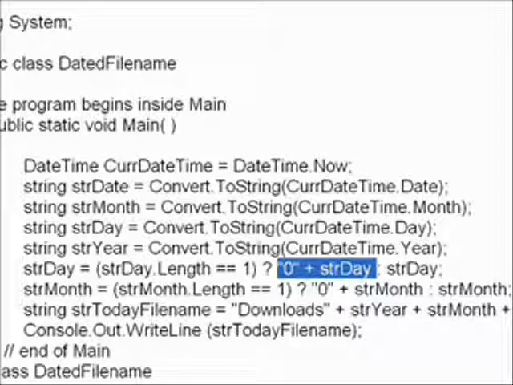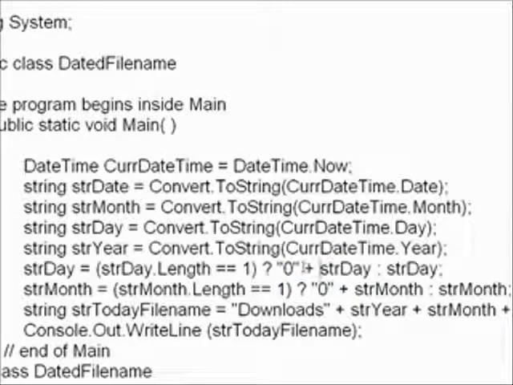And in this case, this is a new use of the plus. Normally we've seen the plus in arithmetic statements where you go x is equal to 1 plus 2, and that'll make x equal to 3.